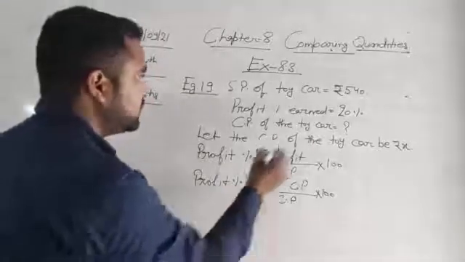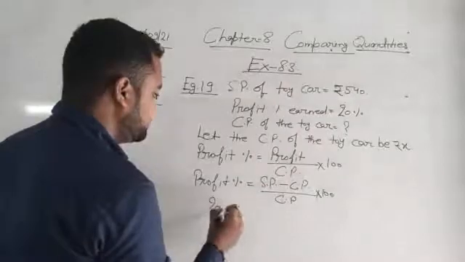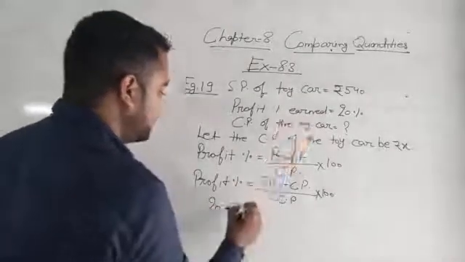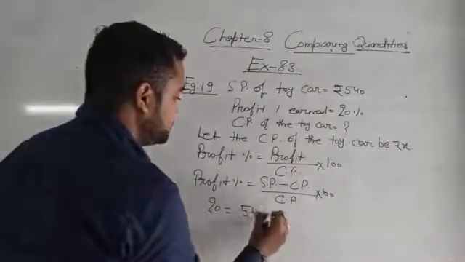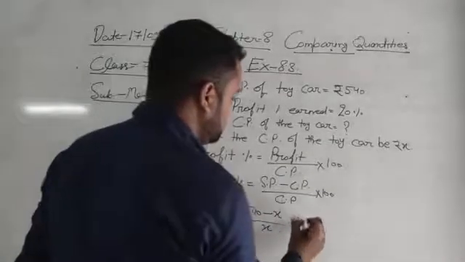Now we put all the values here. Profit percent is 20, SP is 540, and CP is X, so 20 equals (540 minus X) upon X into 100.